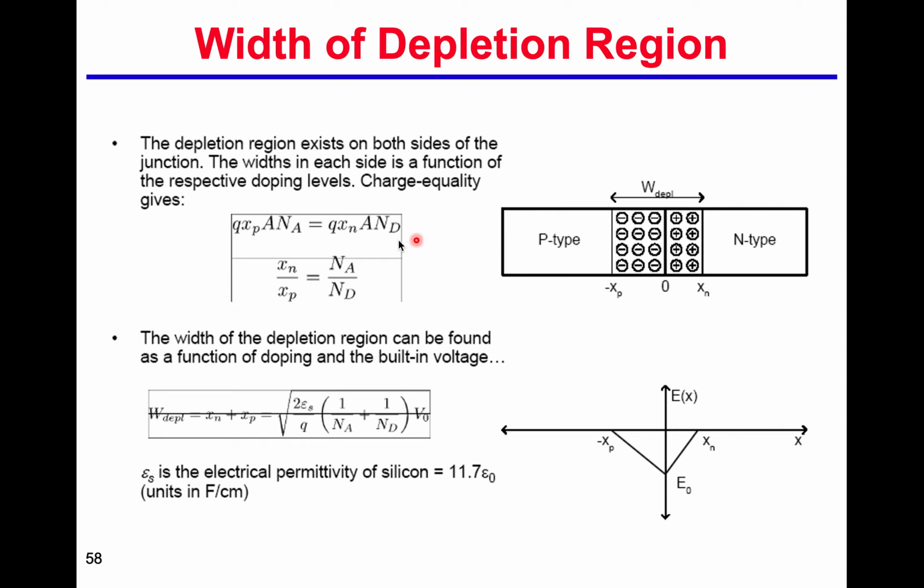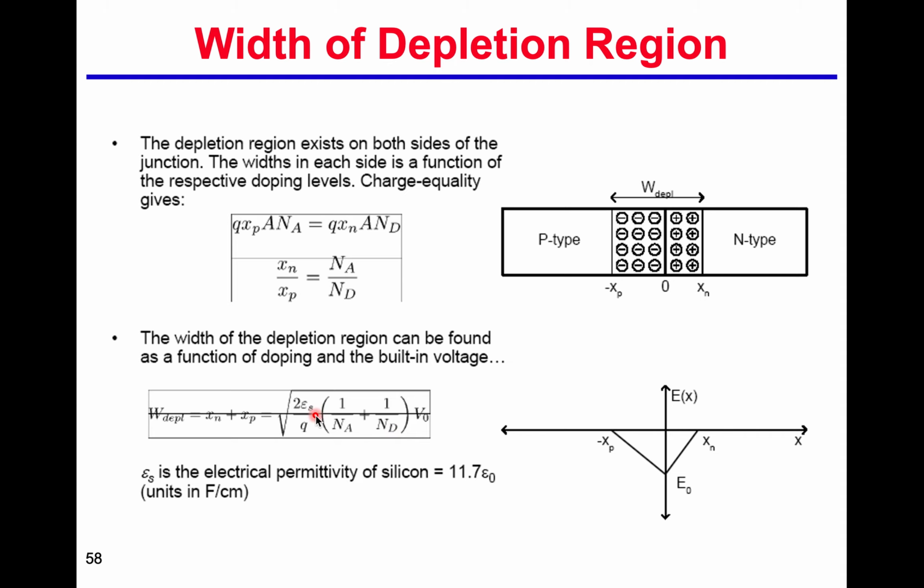There are some detailed calculations, so that we can have the relation between the depletion region and the built-in voltage, and that is related to epsilon_s, and also q is a constant, and the acceptor and donor concentrations as well.